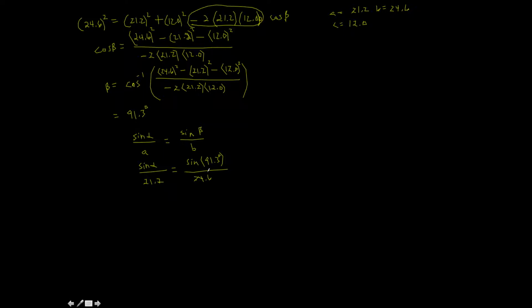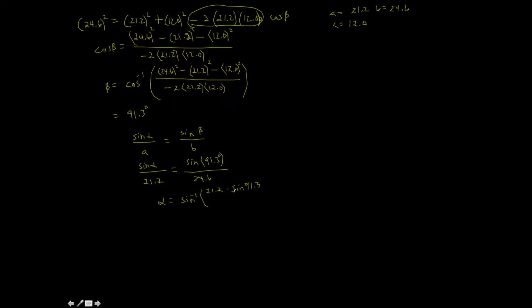Alright, so we want to solve this for angle alpha, which if you do all the calculations, we're going to have to take the inverse sine of this: cross multiply, get sine alpha by itself, then do the inverse, just like we've done on many of these problems. I'm skipping several steps here because I'm assuming that you're following through and practicing these problems.